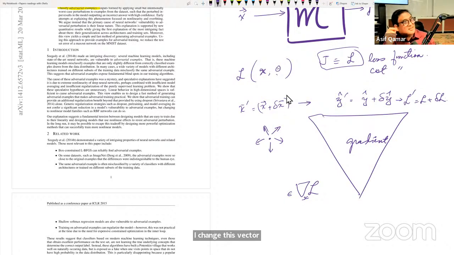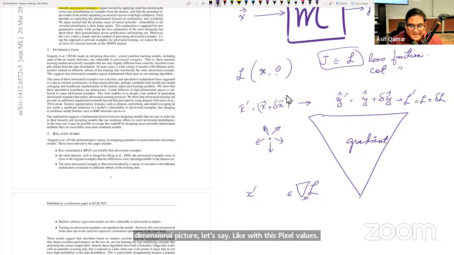Such that changing this picture, this 768-dimensional picture, let's say, with these pixel values, which direction should I go? That direction would be, you're basically saying that x prime should be equal to x plus a tiny amount in the direction that is going to most confuse the loss function.